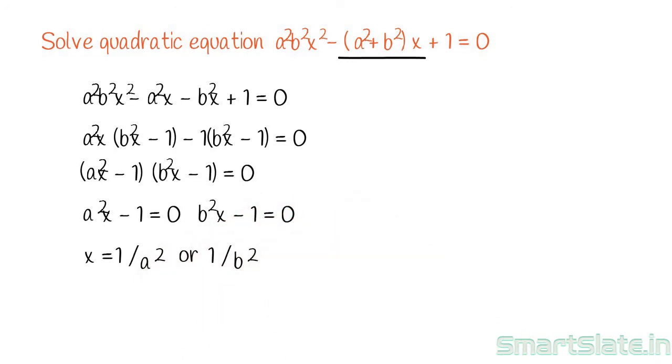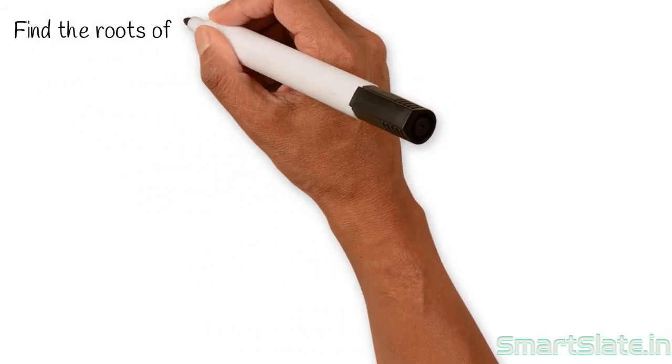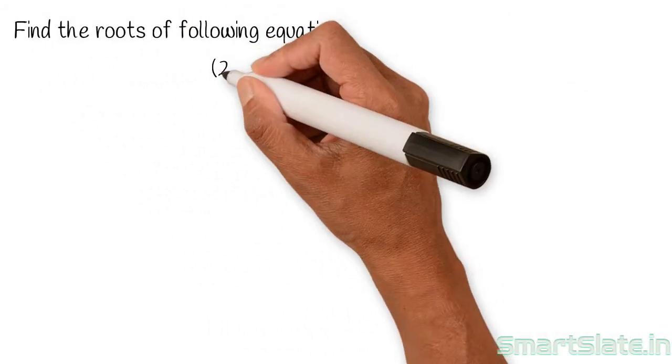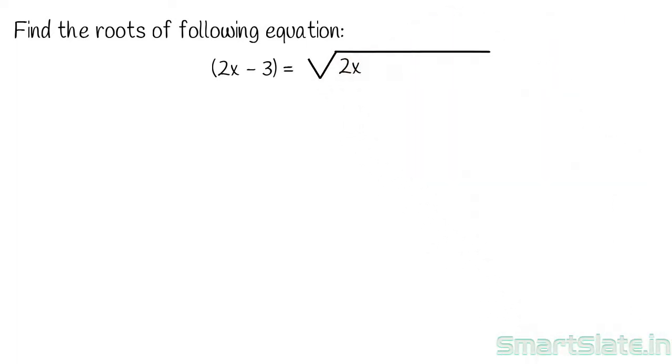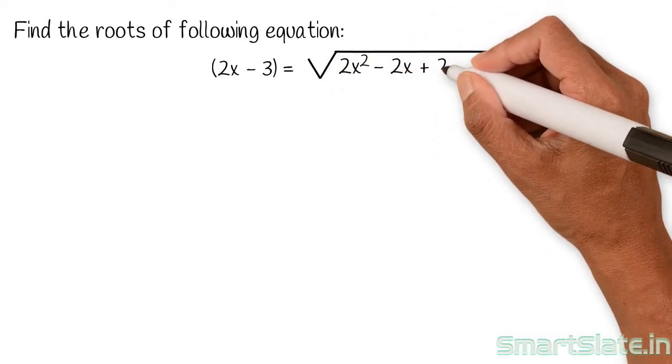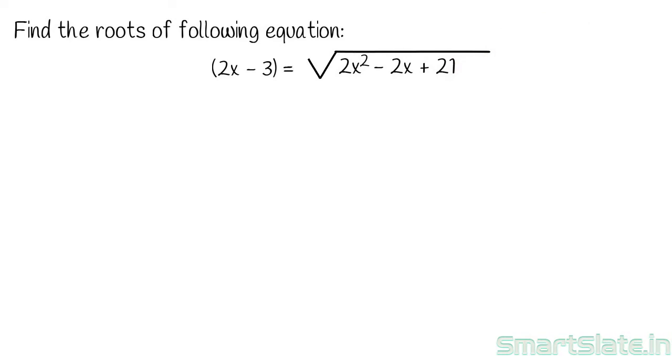Let's solve one more problem. Find the roots of the following equation. 2x minus 3 equal to square root of 2x square minus 2x plus 21. This is not in the standard form of quadratic equation. Your first step should be to bring this equation to standard form ax square plus bx plus c equal to 0.